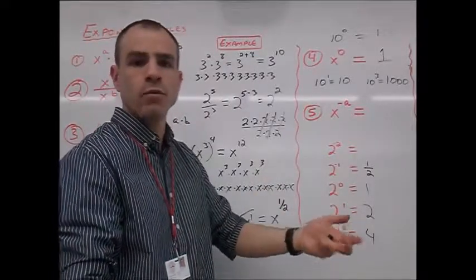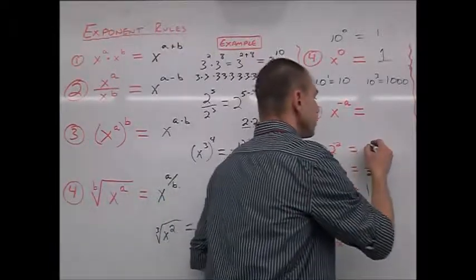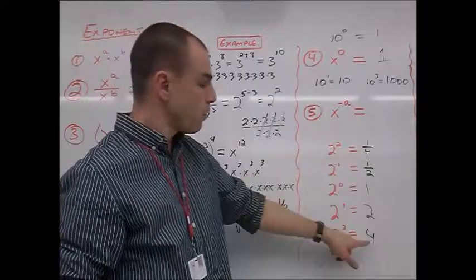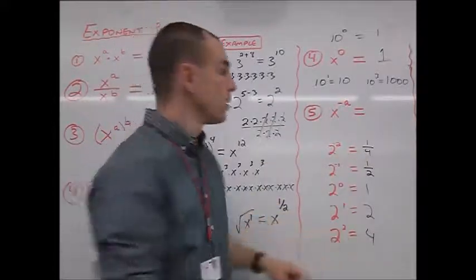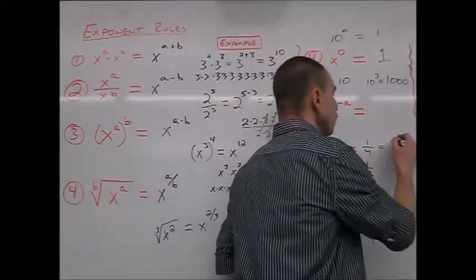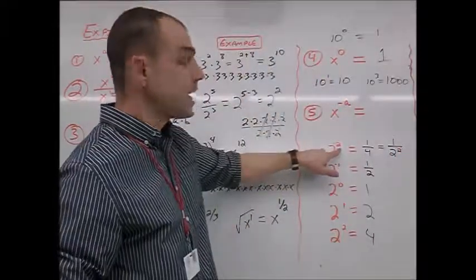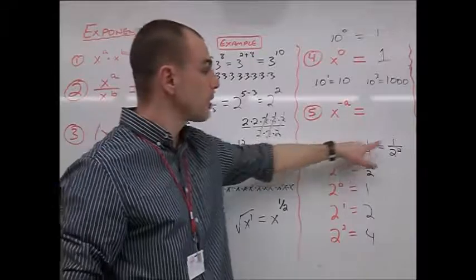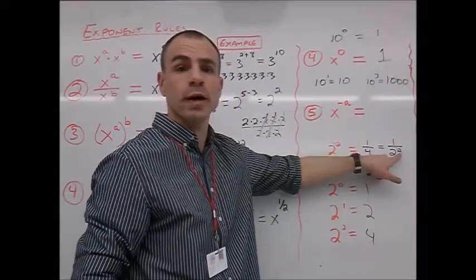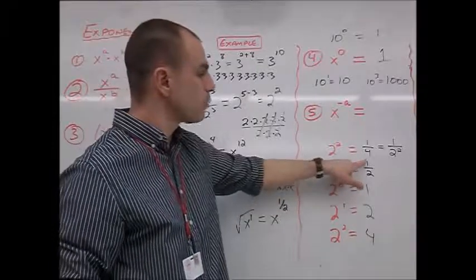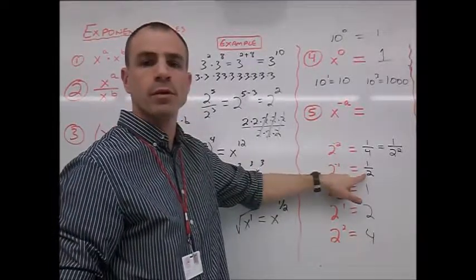Half of a half is a quarter. Now a quarter, that 4 right there, remember 4 is really 2 squared. So even though we have 1/4, it's really 1 over 2 squared. So 2 to the negative 2 power is the same thing as 1 over 2 to the positive 2 power. 2 to the negative 1 power is the same thing as 1 over 2 to the positive 1 power.